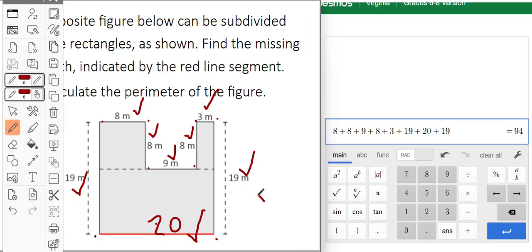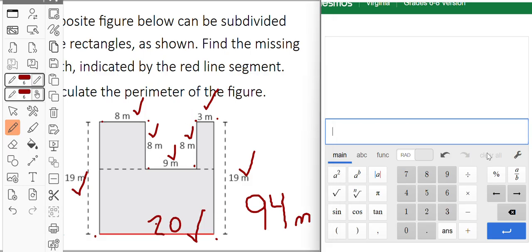So that means our perimeter is 94 meters. And remember, when you're finding perimeter, you only want the very outsides. You don't want anything else that's on the inside. You just want the very outside of the figure. Okay, let's see what we have next.